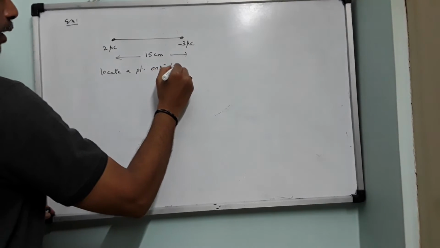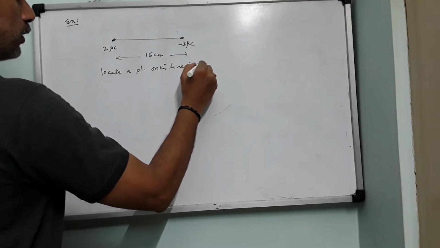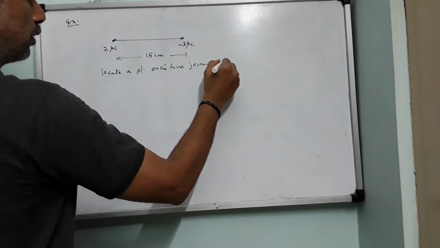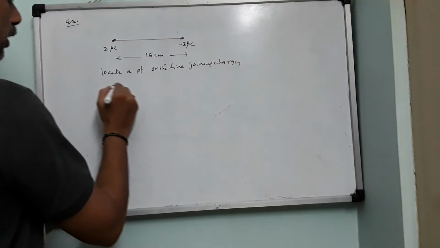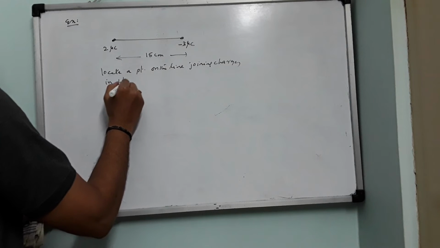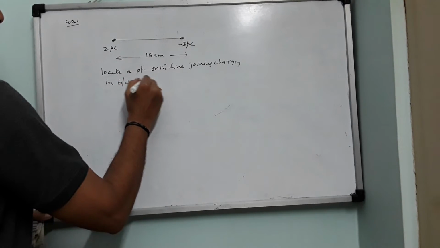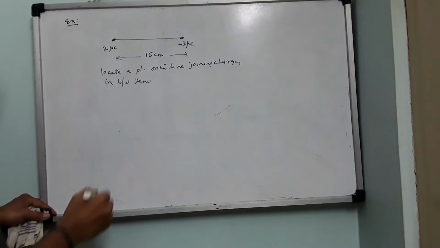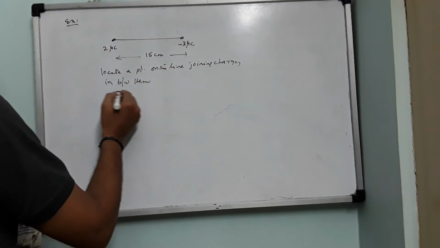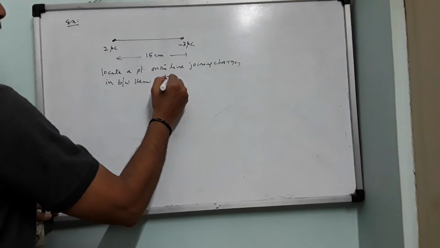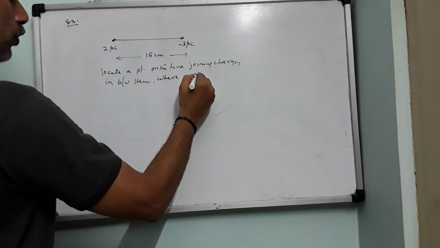on the line joining the charges, in between them. That means this point where you are going to locate a point on the line joining charges in between them where net potential is 0.